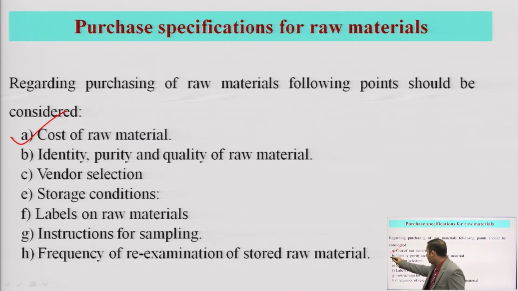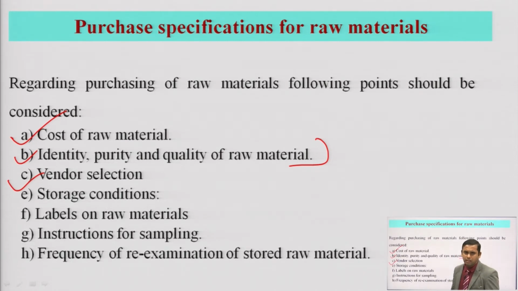Then identity, purity and quality of the raw material. Vendor selection is very important, because a good vendor will give you very good grade raw materials. But some vendors who are not professionally following the ethics can sell substandard products also, which is a very sad, negative and disgraceful thing for our pharma profession.